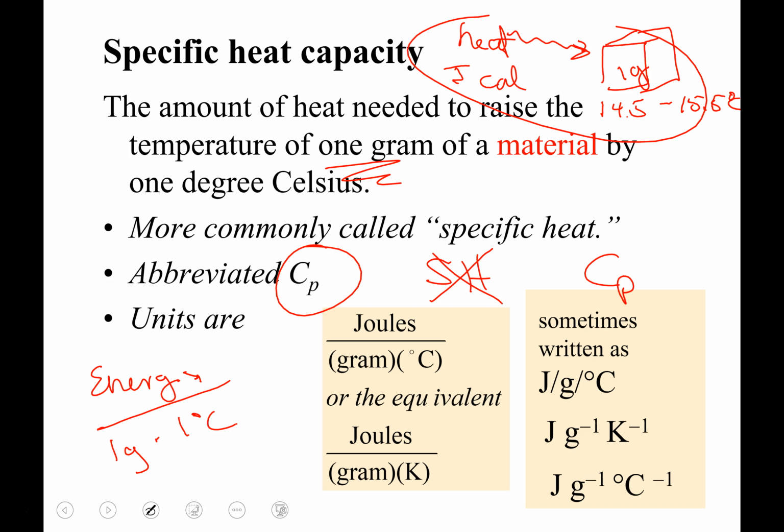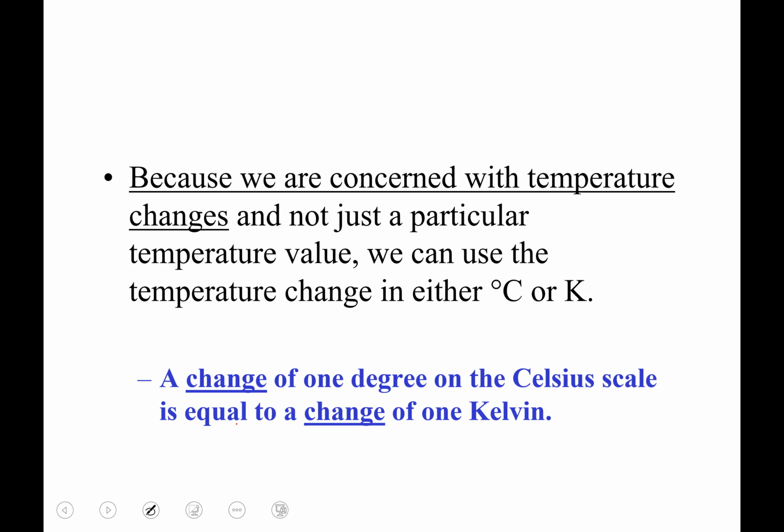Joules per gram per degree Celsius. To me, this almost seems like degree Celsius in the numerator, but you'll see it written like this. And of course, the second one here, anything raised to the negative power is in the denominator, okay? So I'm okay with these, I suppose. You can't really use them for factor label canceling. I don't really like that one. But it is as it is.